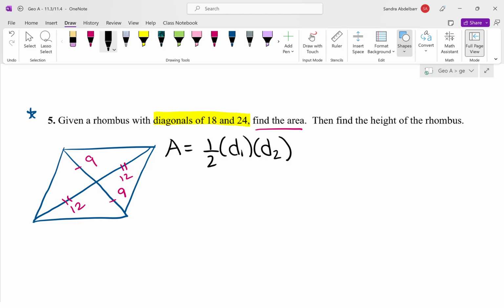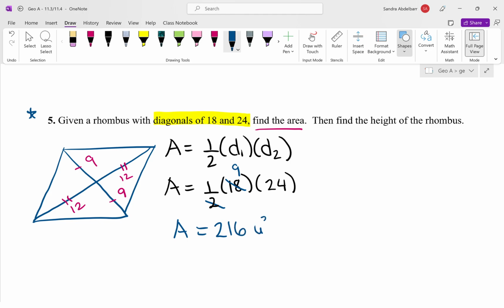No. What are my diagonals? 18 and 24. We have half of 18 is 9. Did anybody multiply 9 and 24? Tell me what we get. 216 units squared. Thank you, Sam.